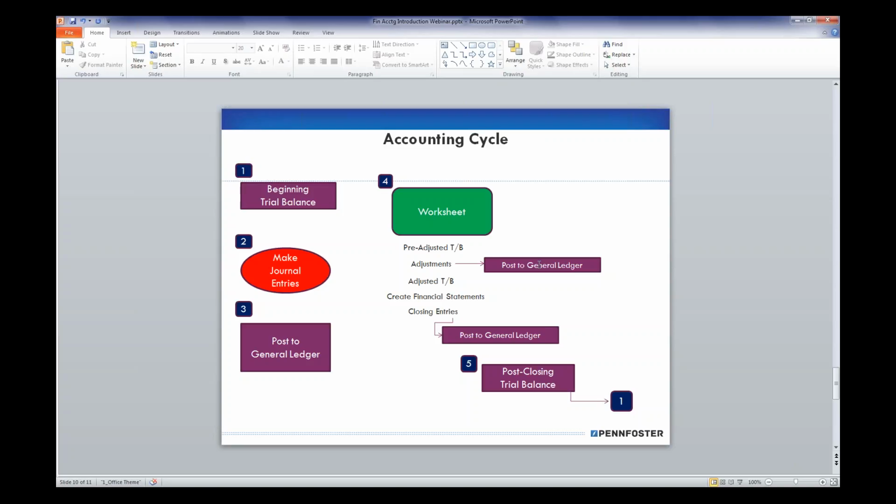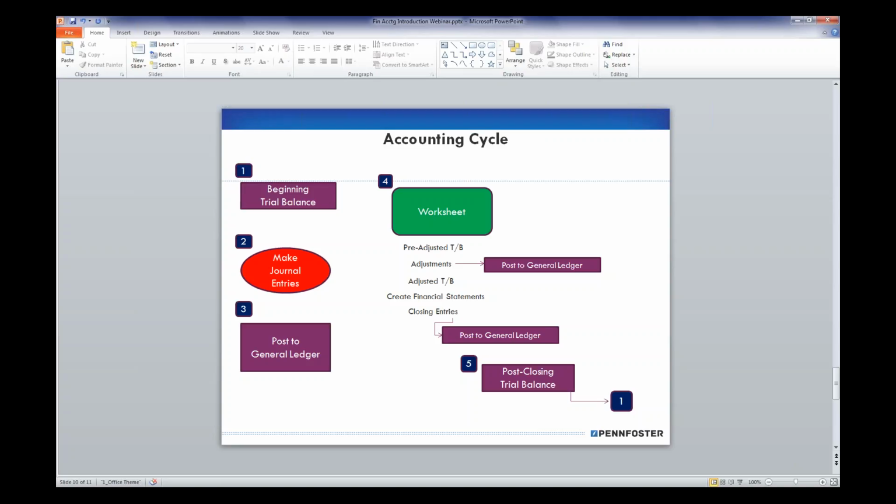Now, I'm going to go back to the pen here, and hopefully it doesn't screw things up too much. So we have our adjustments, and they're nothing more than journal entries also. Generally, we put the adjustments in the general journal. Since they're in a journal, they get posted to the ledger accounts, into the general ledger.